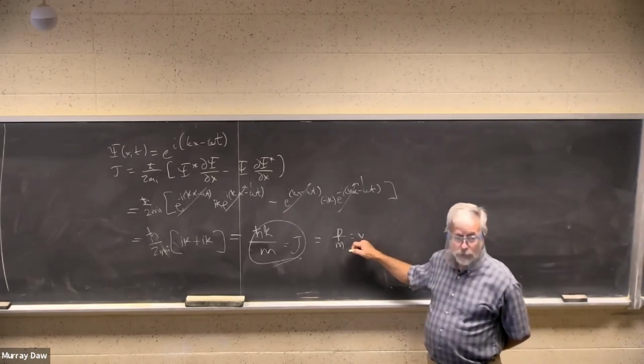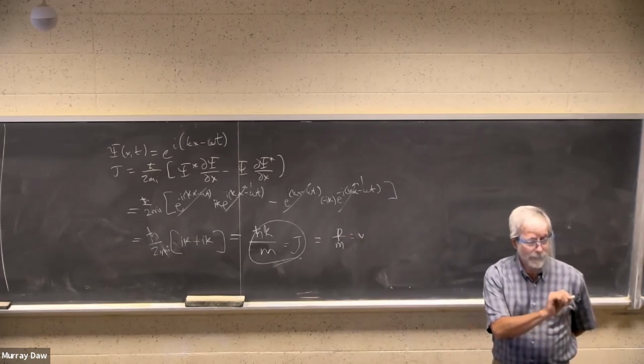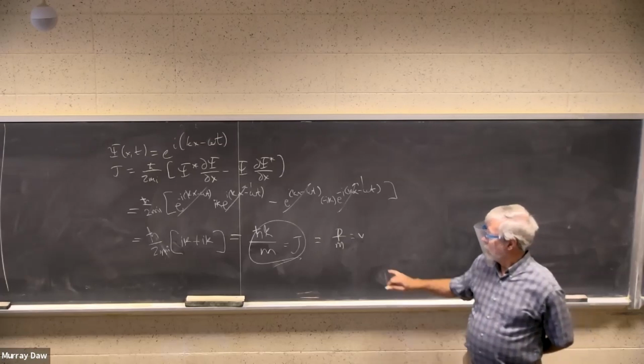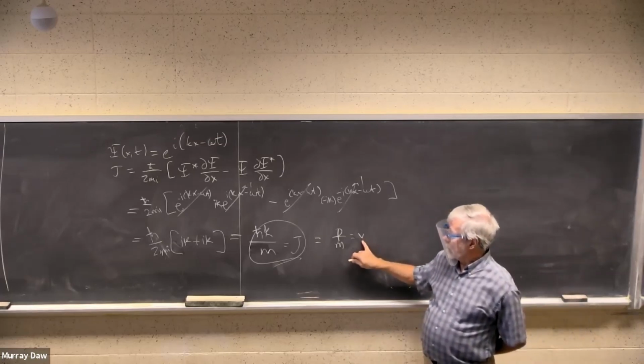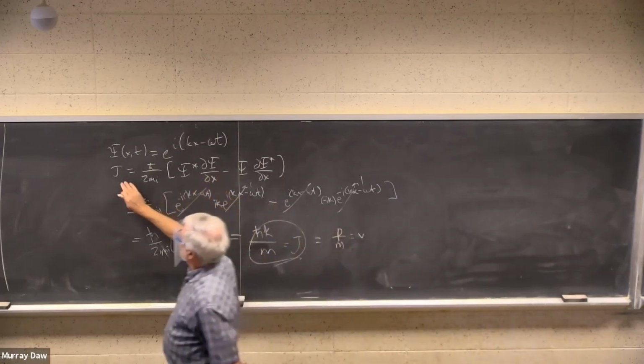So, okay, a few questions. What is the meaning of this? Velocity. It's the average velocity of the ensemble. Remember, always think in terms of ensemble. Now, this is possibly a function of x and t because psi is a function of x and t.